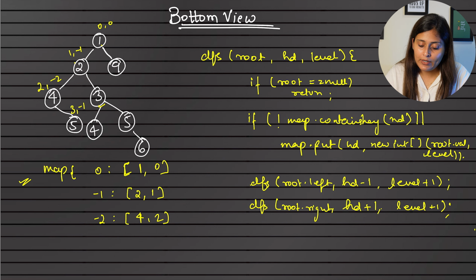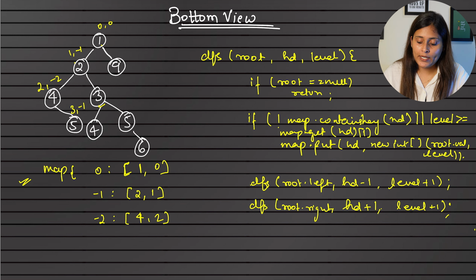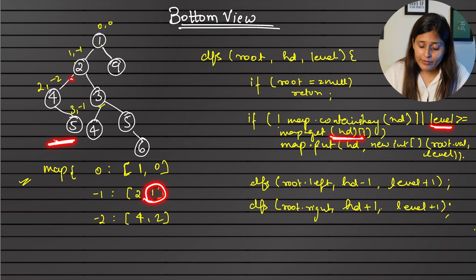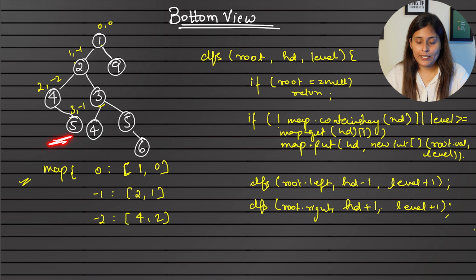So we will write: if the current level is greater than or equal to the level present in the map. So what we'll do? Map dot get for that HD, correct? But index 1, because index 1 is actually holding the level. So if the current level of 5, which is 3, is greater than the previous level, which was 1, only then override. So 9 will get overridden by 5, correct?